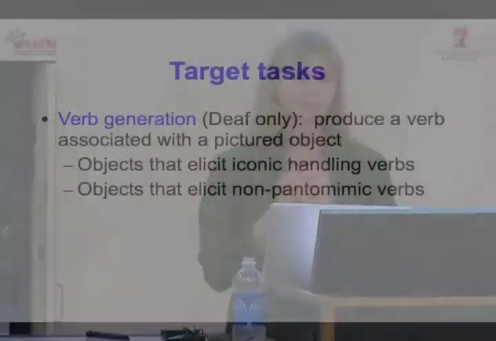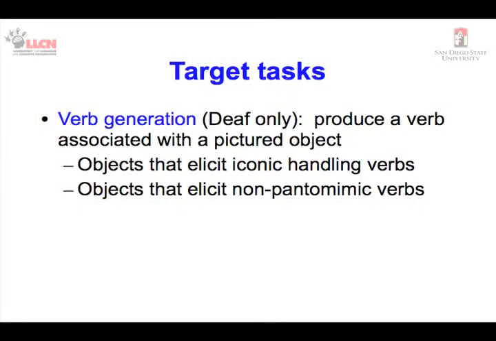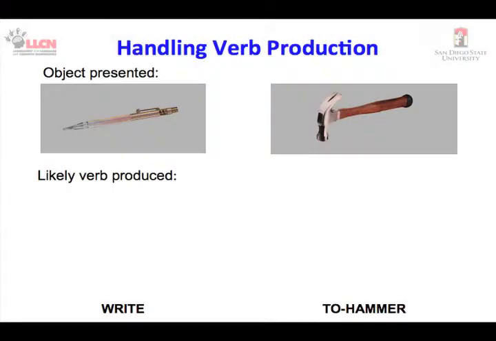All right, so let's just start with our verb generation task. We actually had two types of pictures. One would, in pre-testing, elicit these iconic handling verbs, and another set of pictures would elicit verbs that didn't have these pantomimic qualities. So we could directly compare verbs that were like pantomimes and verbs that weren't. Here are some examples of verbs that would elicit these handling-type iconic verbs.